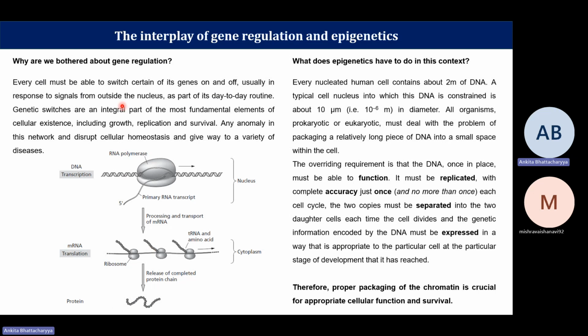And the levels of control that we commonly are concerned with or commonly referred to include, of course, the replication of DNA that is not shown here in detail, but we are aware of it.